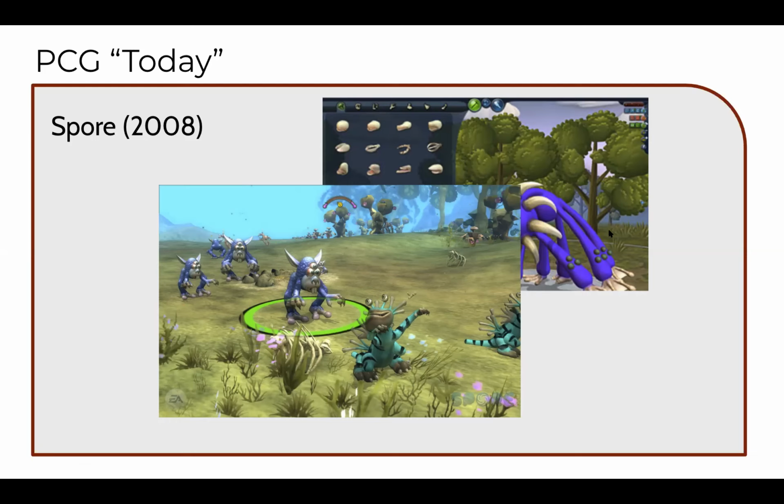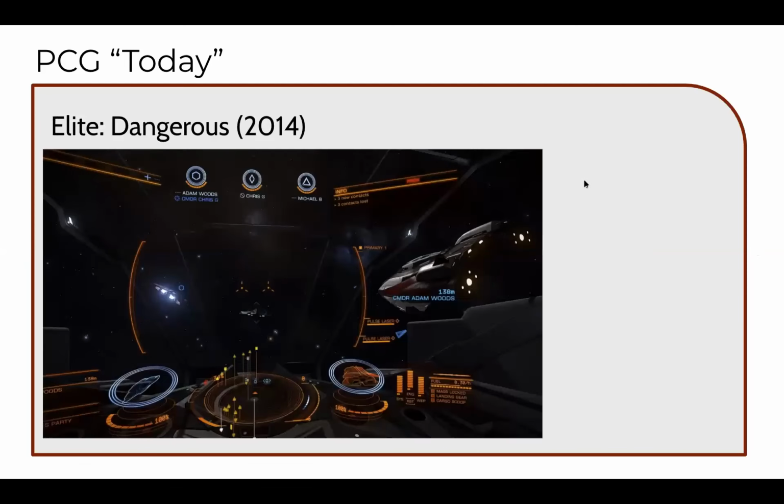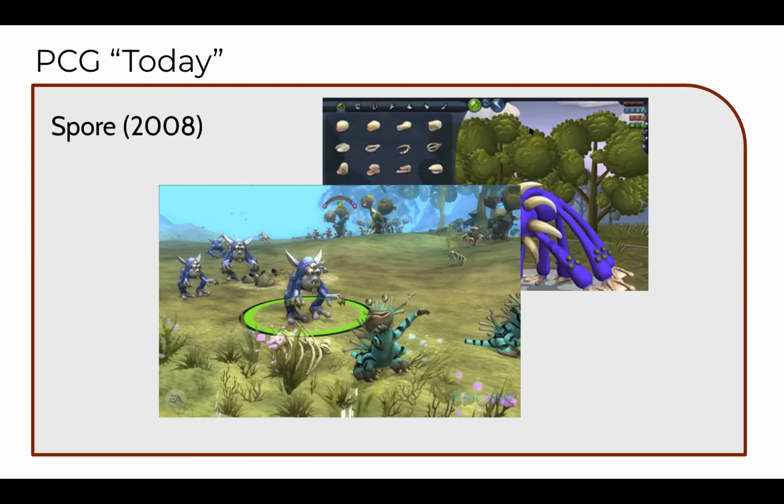Of course, the main thing that people liked about this game was actually the creature creator, where you could set different physical parameters of your evolving creature, and that would change the way it moves through the world and its chances of surviving in the environment.